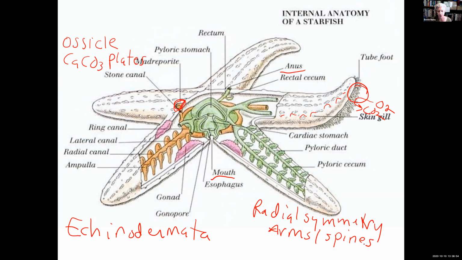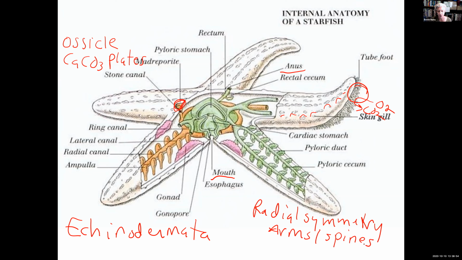Their nervous system is quite interesting. They do have a brain-like structure. Their nervous system isn't shown on this diagram, but we can see that they have the central stomach, and then they have digestive glands radiating down into their arms. We'll see also that this water vascular system, shown in orange, radiates down each arm. Their nervous system has the same structure. So they have a nerve ring, which functions as their brain.